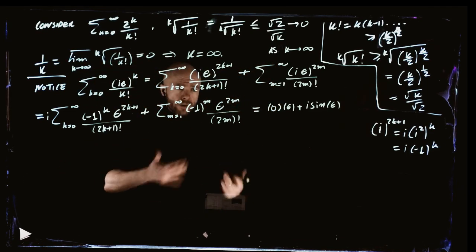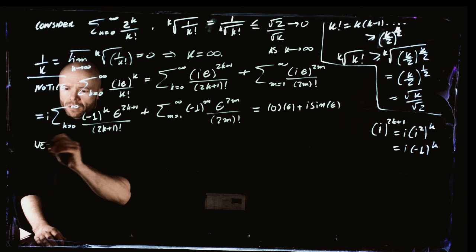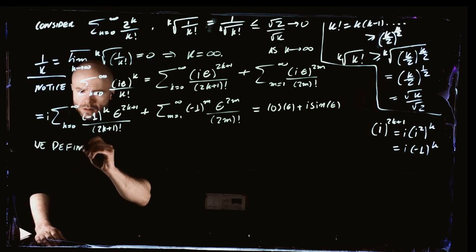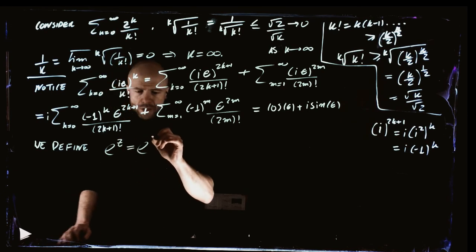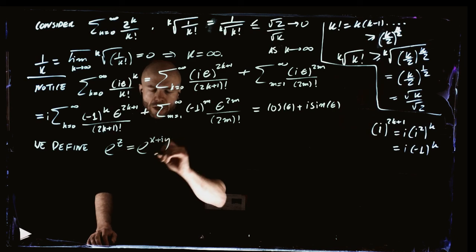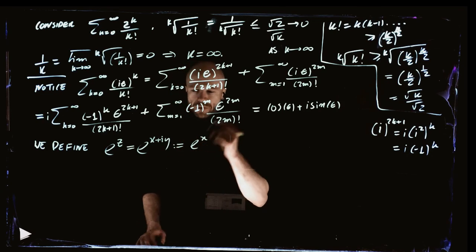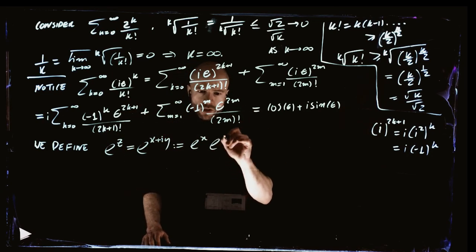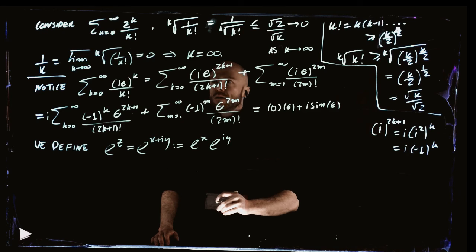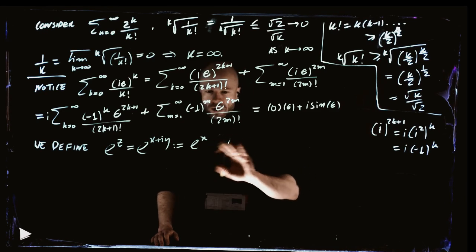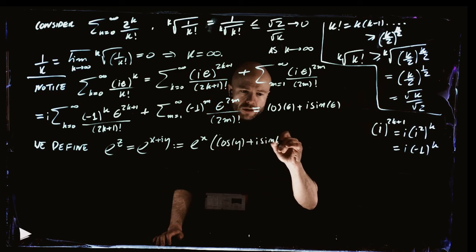So this is what we're going to use to motivate the following thing. We can define the exponential function e to the z, which is e to the x plus iy, in the following way: to be just e to the x times e to the iy. This is the definition. E to the x, we know what it is, it's the exponential function. E to the i theta, we know what it is, it's defined. I should perhaps write it like this: cosine of y plus i sine of y.